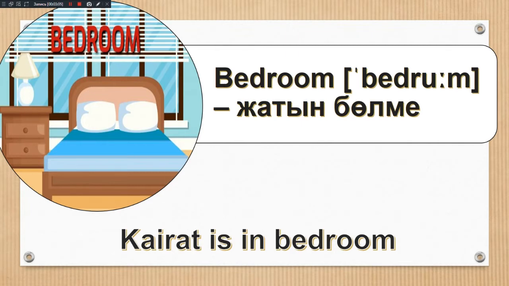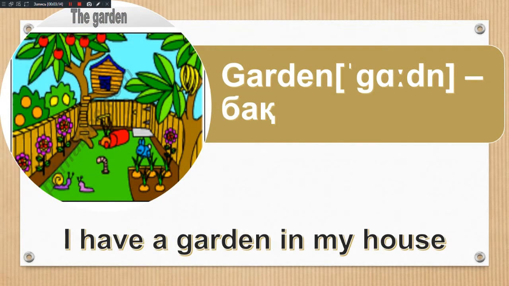Қайрат is in the bedroom. Қайрат жатын бөлмеде жатыр. Garden. Бақ. I have a garden in my house. Менің үйде бақ бар.